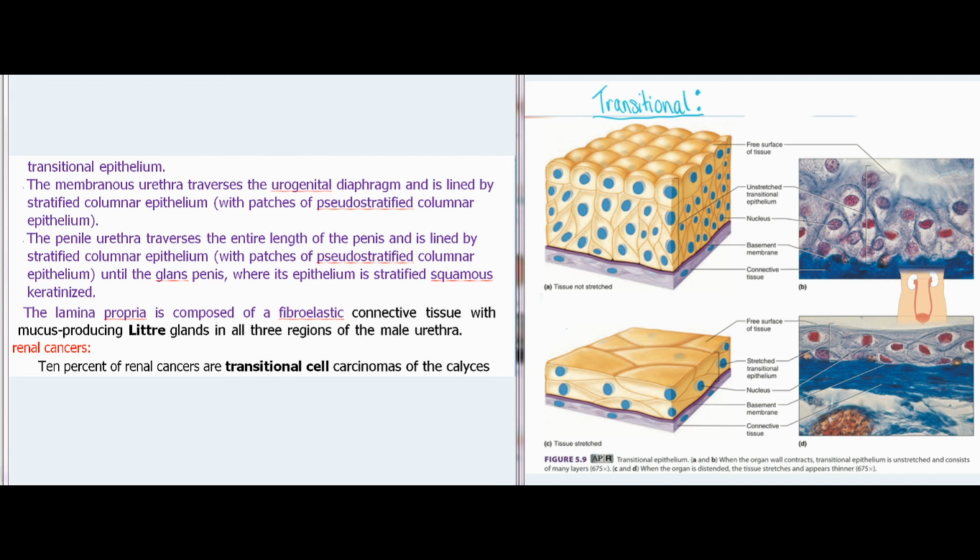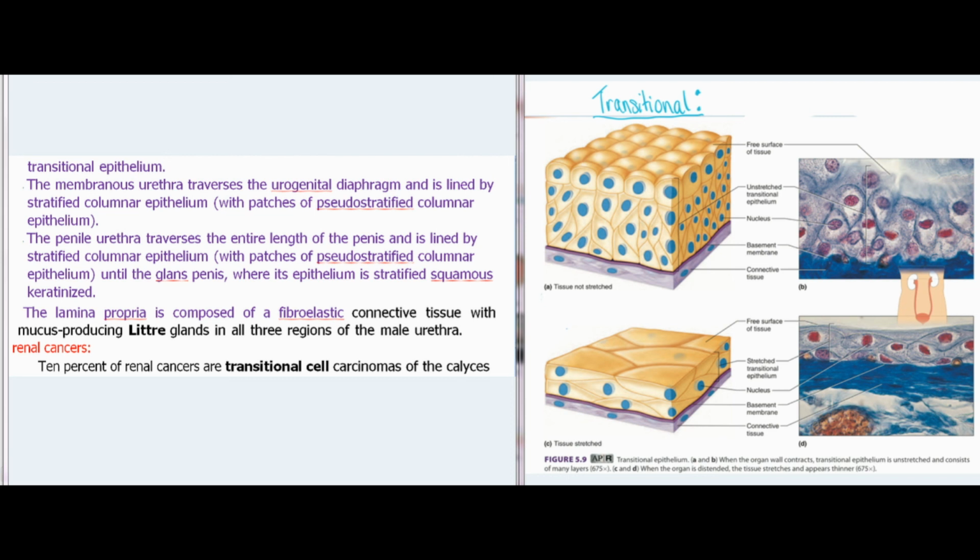The penile urethra traverses the entire length of the penis and is lined by stratified columnar epithelium, with patches of pseudostratified columnar epithelium, until the glans penis, where its epithelium is stratified squamous keratinized. The lamina propria is composed of a fibroelastic connective tissue with mucus-producing glands of Littre in all three regions of the male urethra.